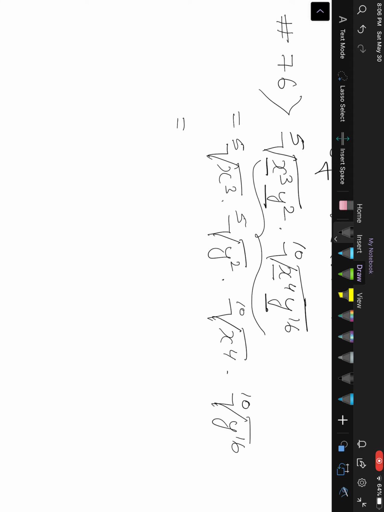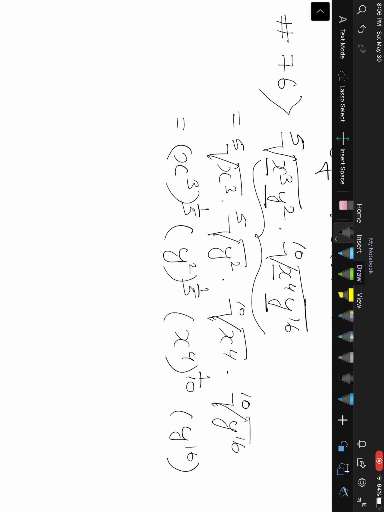Applying the definition of expressing the nth root as an exponent of rational numbers, I can rewrite each term as x cube to the power of 1 over 5, y square to the power of 1 over 5, x to the power of 4 to the power of 1 over 10, and y power 16 to the power of 1 over 10. Applying the rules of exponents, you can multiply the powers here.